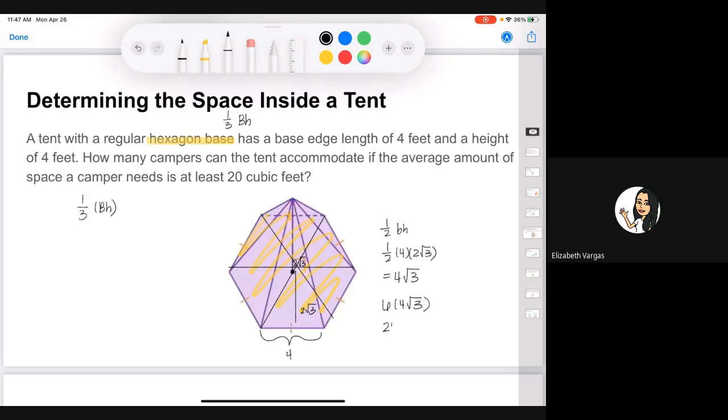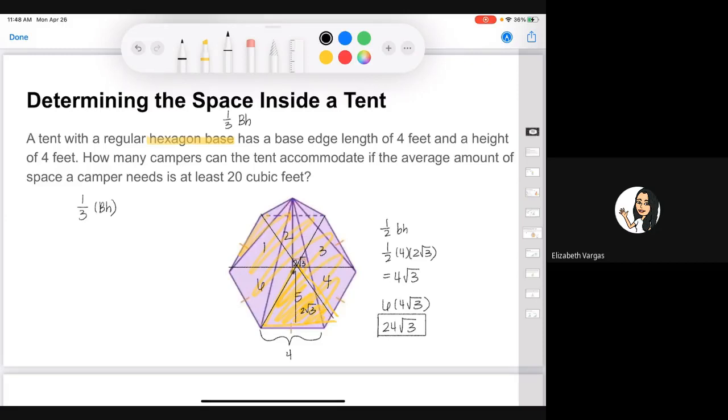And so that would give me my full area of my base. Basically, I found the area of one triangle, given the information that I had, and multiplied that by 6 because I have 1, 2, 3, 4, 5, 6. And so that gives me the area of my entire hexagon.